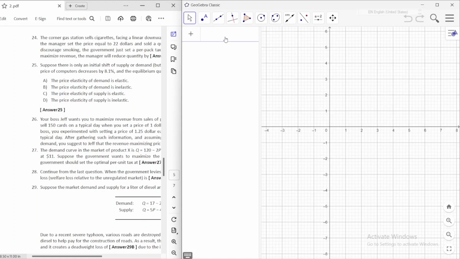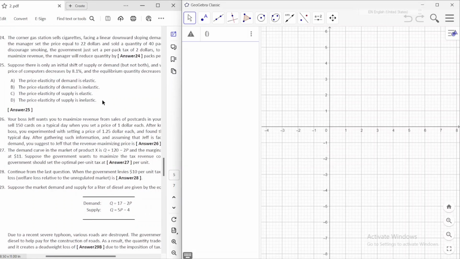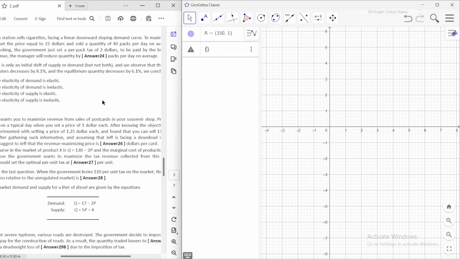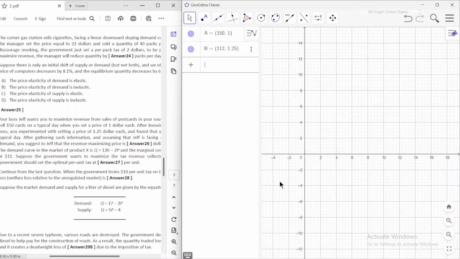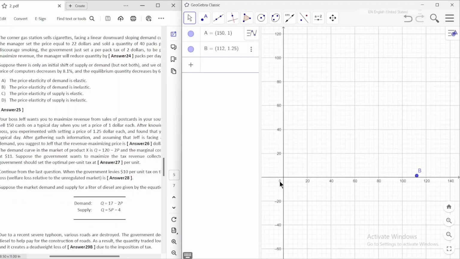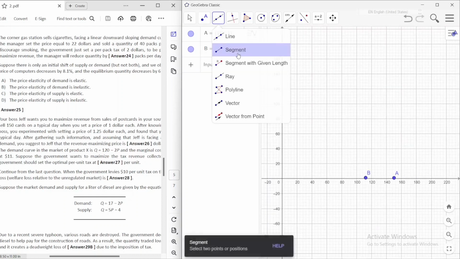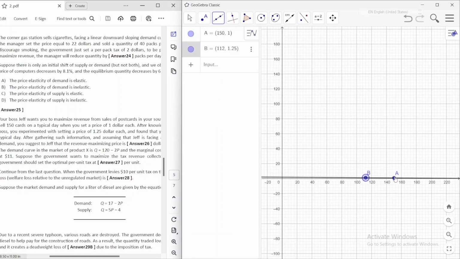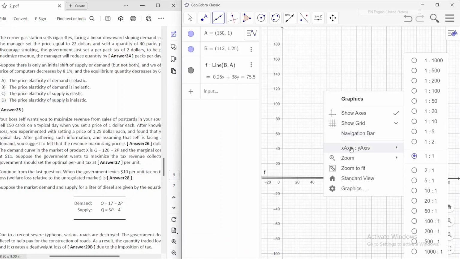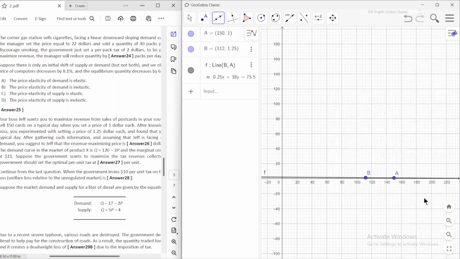And how can you draw the demand curve? You are given two points. First is 150 comma 1, and second point is you sell 112 cards, so 112 comma 1.25. So you have 2 points. Let's connect the points. Let me change the ratio.